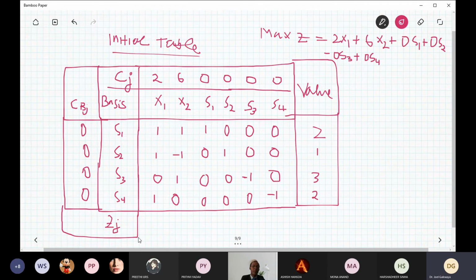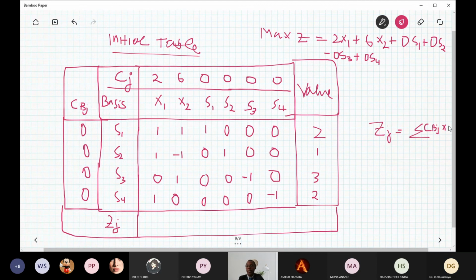For those who are in the class, as you remember, ZJ is equal to the sum of CBJ into AIJ.